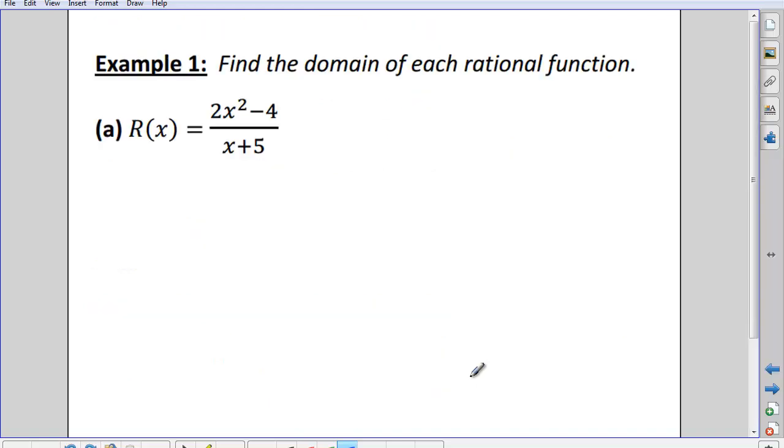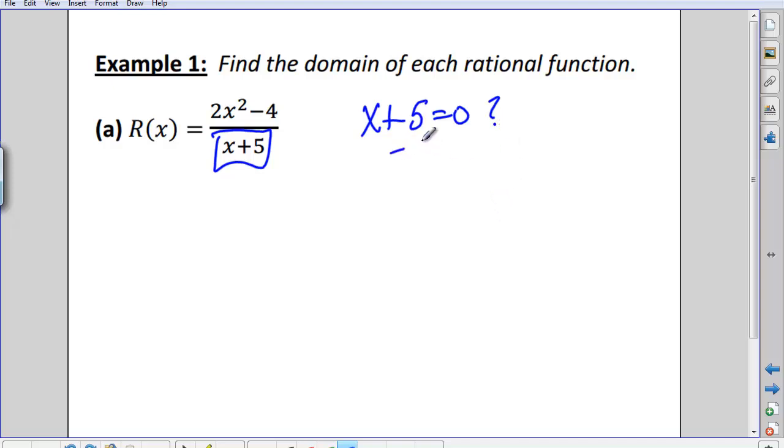Now when we want to look at the domain of a rational function, the way that we figure that out is actually a question we've answered before, back in chapter 3 when we talked about domains of functions. If you'll recall, one thing we said about domains of functions is that denominators can't be 0. So if we have a rational function, like here 2x squared minus 4 over x plus 5, the restriction on this function is that we look at the denominator and ask, when is x plus 5 equal to 0?